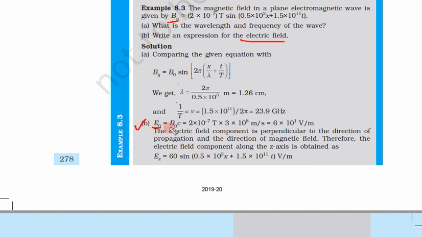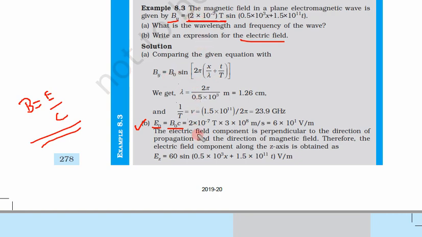The electric field E0 is equal to B0 C, because we have B is equal to E by C, as we have seen in the previous example. So E is equal to BC, E0 is equal to B0 C. Now let us put the values.